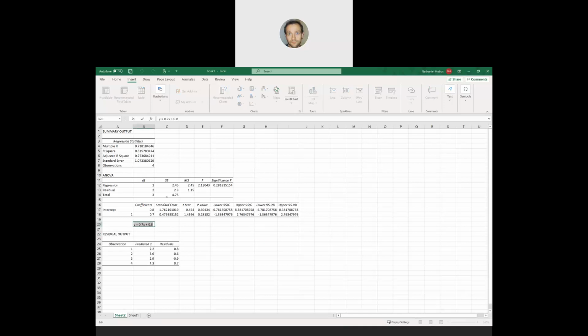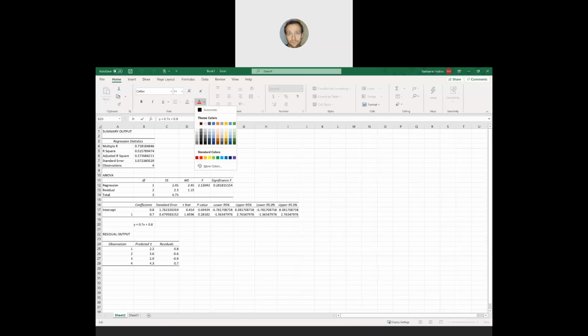This isn't usually there. I'll make it a different color. All right, so that's added by me.